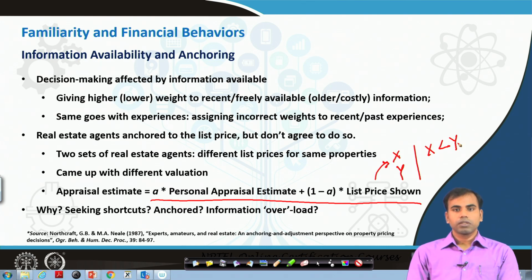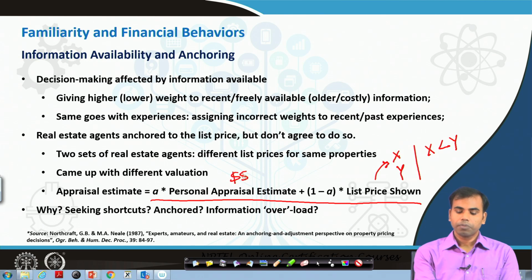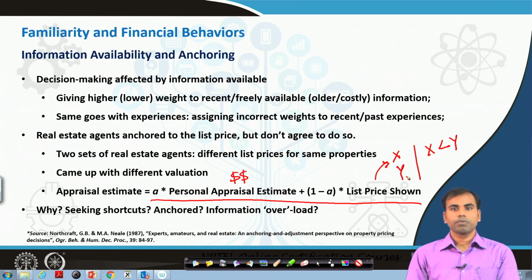The first set of real estate agents came up with the property valuation, which consisted of their own valuation plus some function of x that was shown to them, and the other set of real estate agents came up with a different set of valuations, which was again some valuation of their own estimates and some function of y, which was different from x.